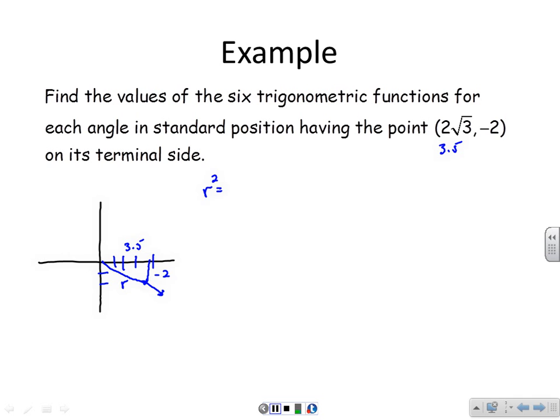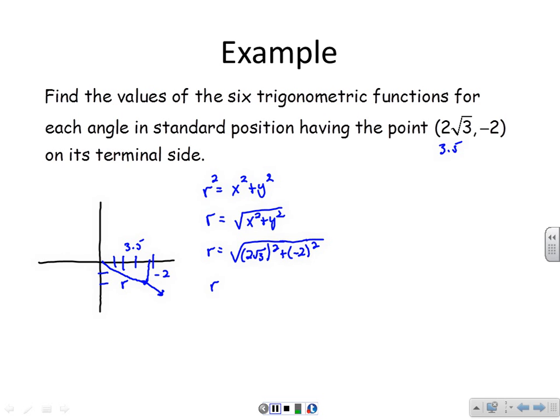Again, it's just the Pythagorean theorem, r squared is equal to x squared plus y squared, but the book squared both sides, so that's the formula they're using. So r is equal to the square root of x squared, and don't use the decimal, that's just a rounding, so use the exact figure, 2 radical 3 squared plus negative 2 squared.